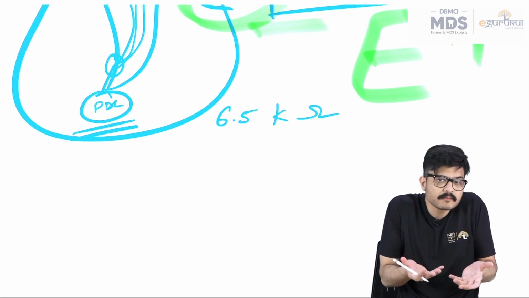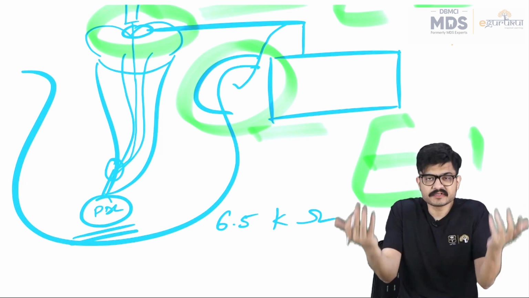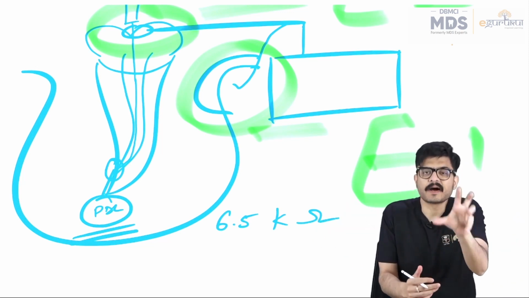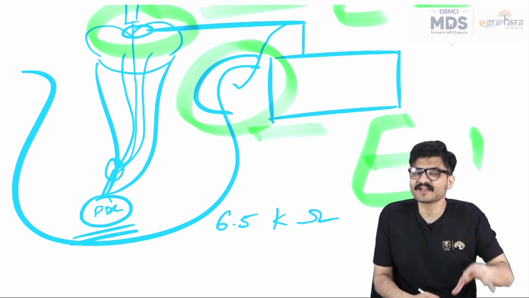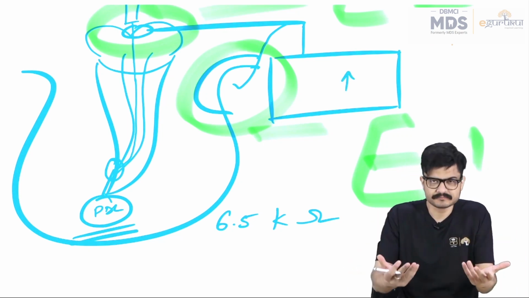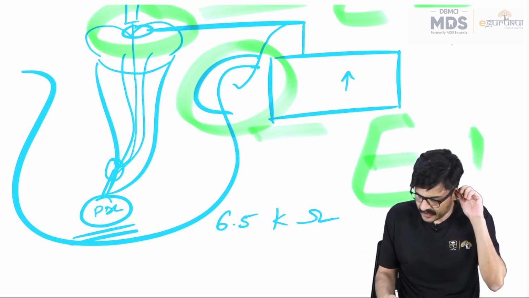And that is where I set my auditory signal or my visual signal or both on the display screen of my apex locator, so that when this 6.5 kilo ohm value is reached, that is when it starts to beep or shows a signal. Either an auditory or visual signal, that depends on the circuit that I make.